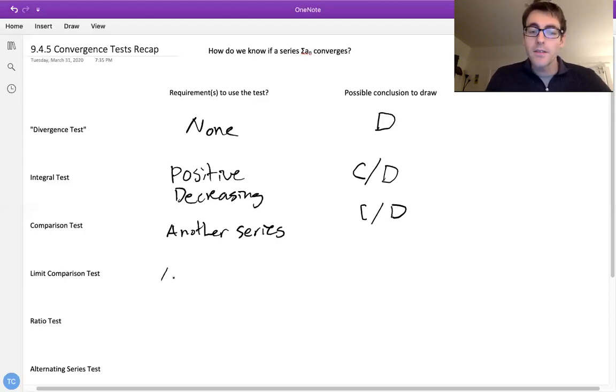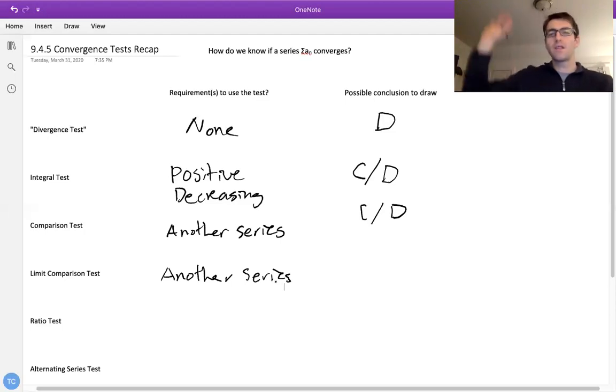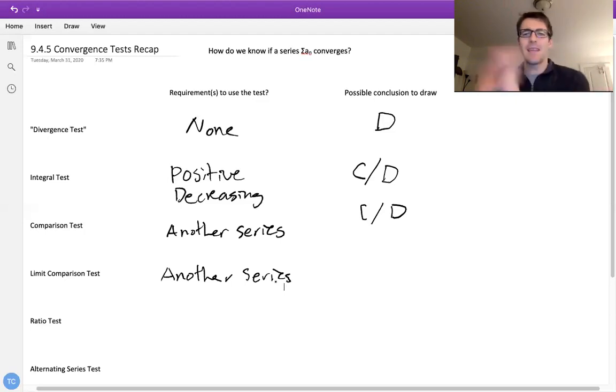The limit comparison test also requires that we have some other series. And again, we're going to be comparing the two in a slightly different way, rather than saying that, all right, for the most part, one is always bigger than the other. What we're going to say is, well, what we really care about is what happens at the end.